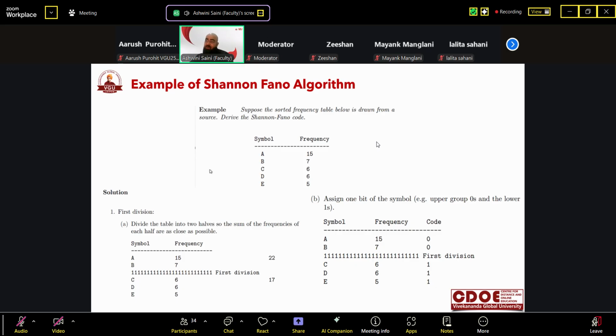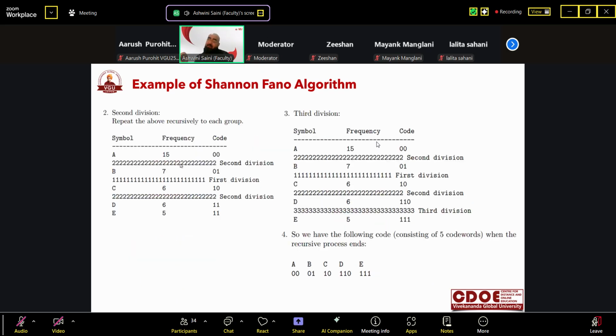In the same way we were repeating, calculating each and every time by checking the midpoint. So the code is generated like, at the end we have 0 0 0 1 1 1 1 0 1 1 1.